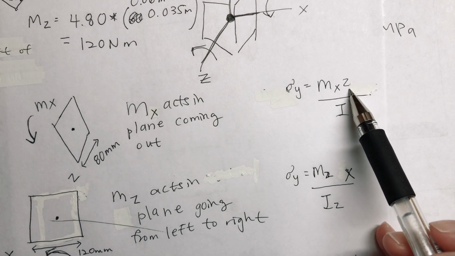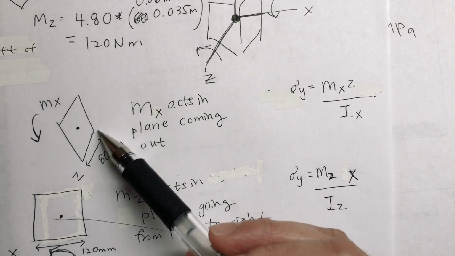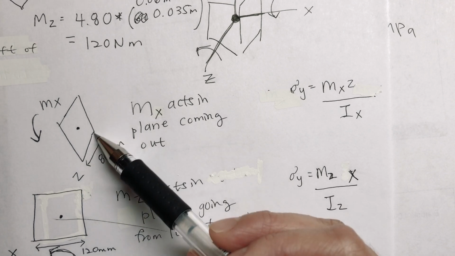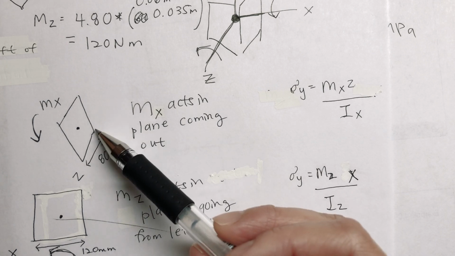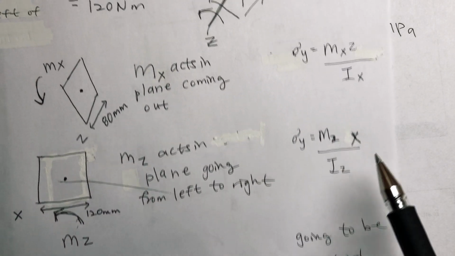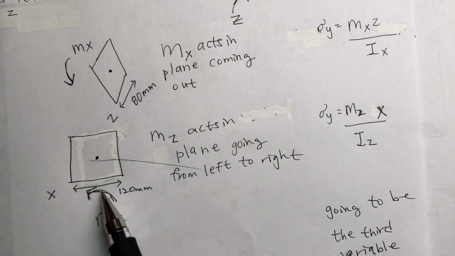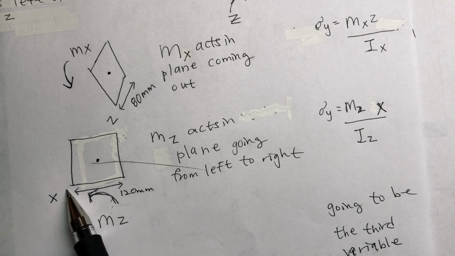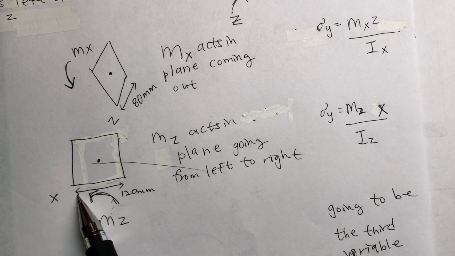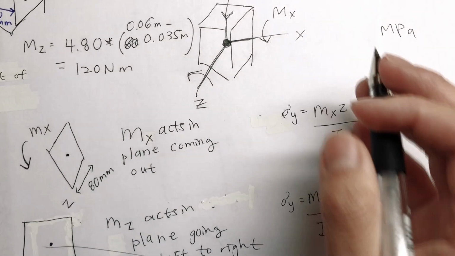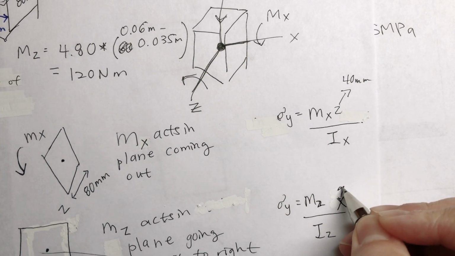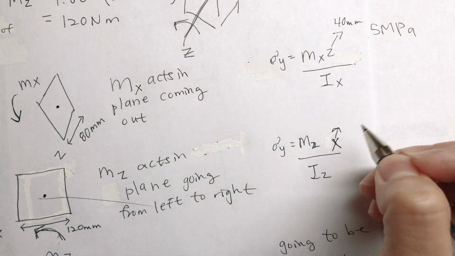So for us, z is always from the centroid to here, it's 40, half of 80. Here it's the x variable, so it's from the centroid to the rightmost or the leftmost, so that's 60. So here z is going to be 40. Here x is going to be half of 120, so it's 60.